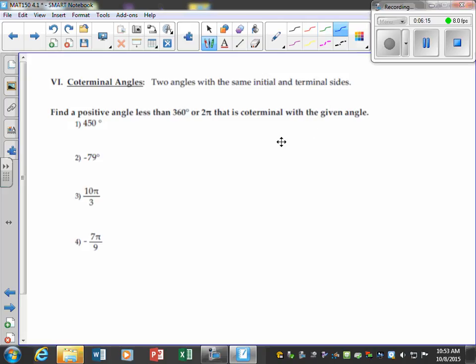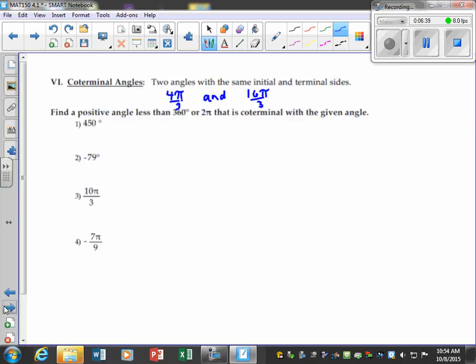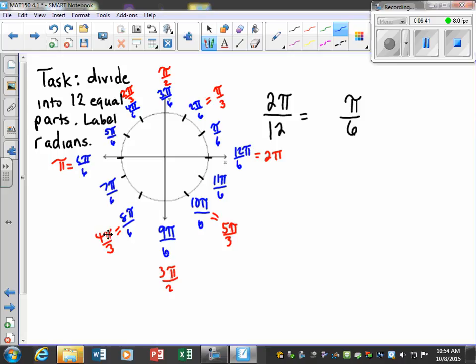If I give you the angle 4 pi over 3, just as another example, 4 pi over 3 is coterminal with 16 pi over 3. Okay, so let's see how that would work. Let's actually count that out on the previous page. 4 pi over 3 was right here.